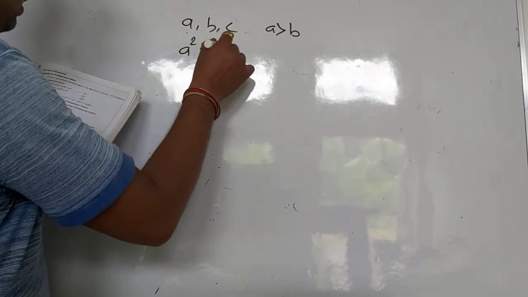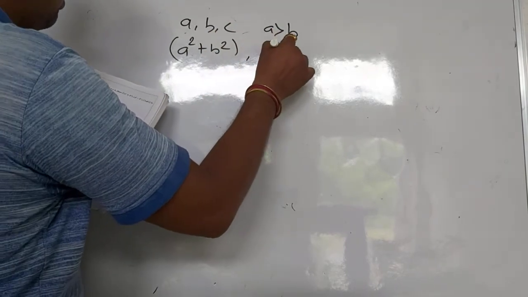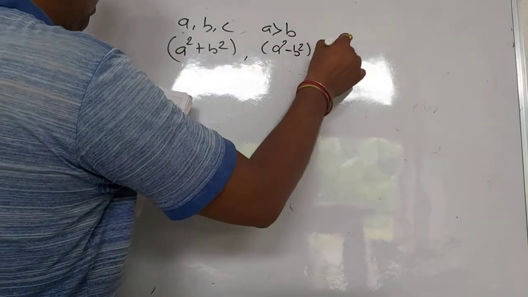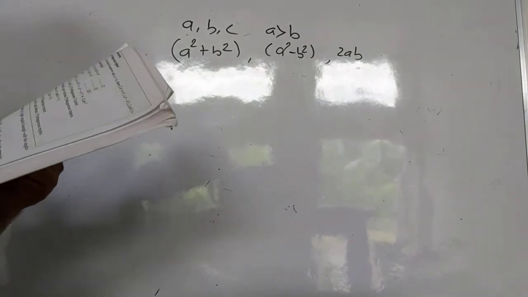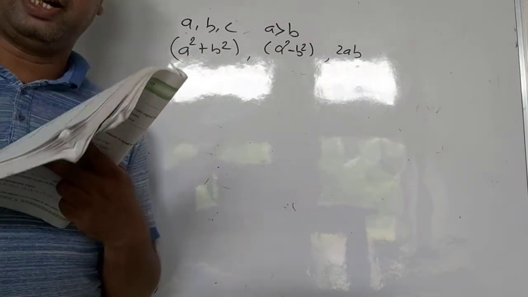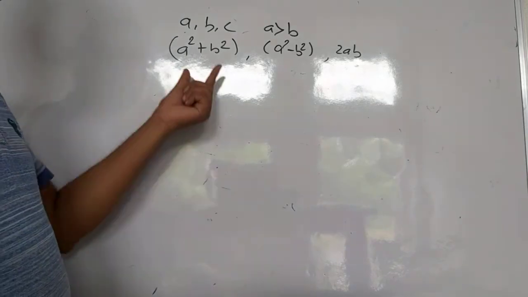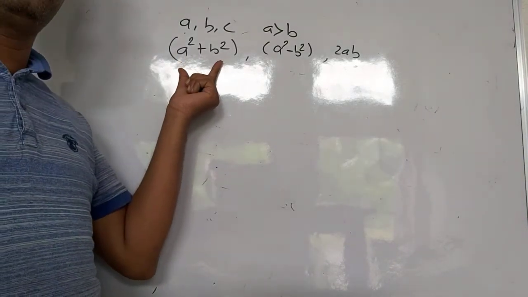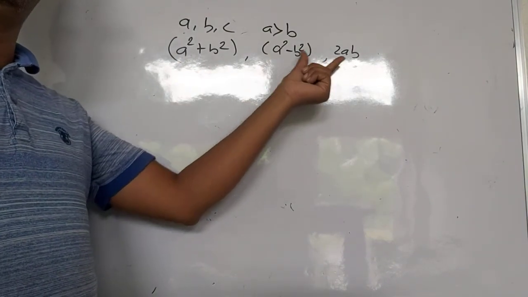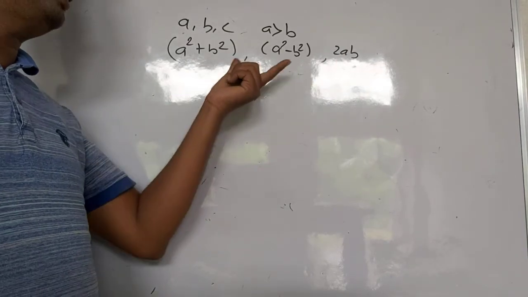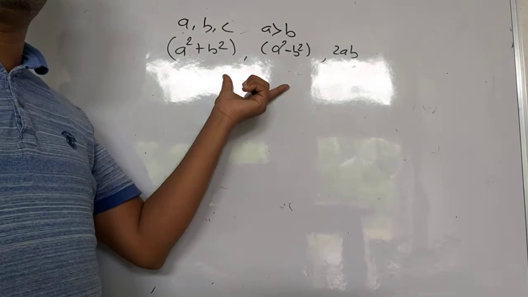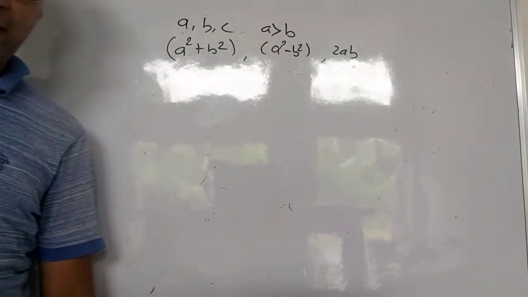Then a square plus b square, comma, a square minus b square, comma, twice ab. If it satisfies this, then you will get a Pythagorean triplet. First of all, square it, this is the hypotenuse. Then square this one, and then this one. Add these two, and check whether it satisfies. If it satisfies, then you can say it is a Pythagorean triplet.